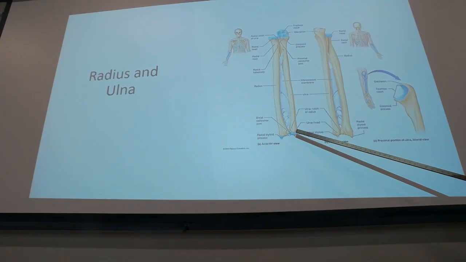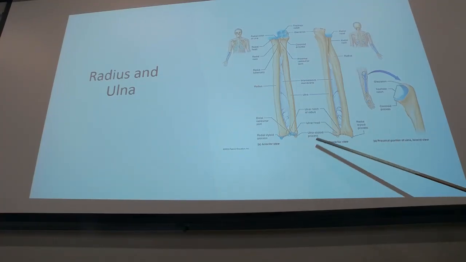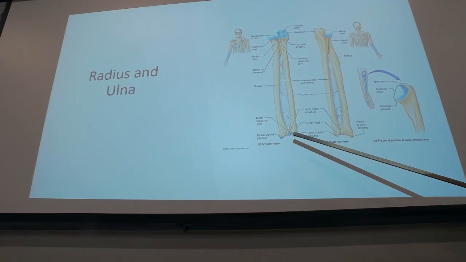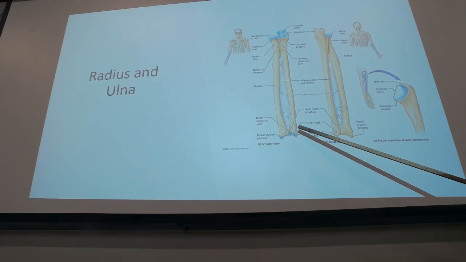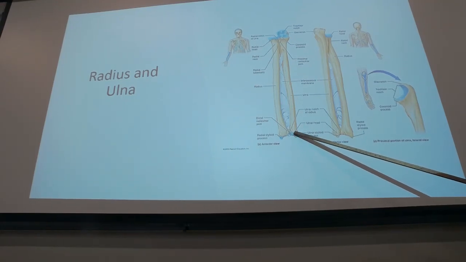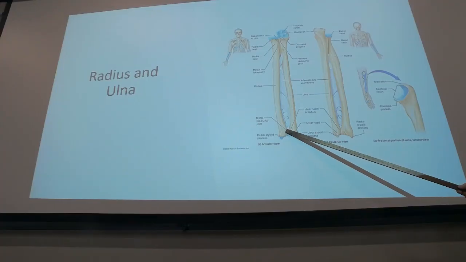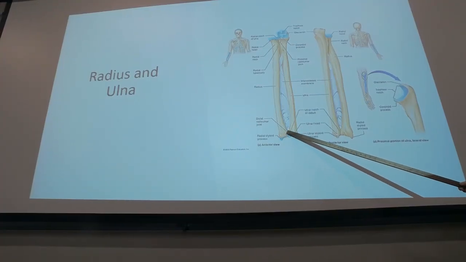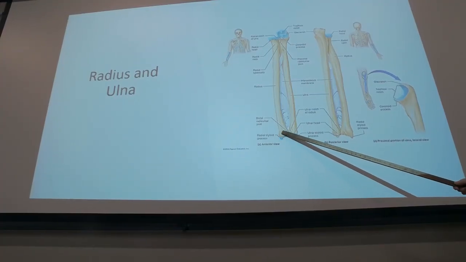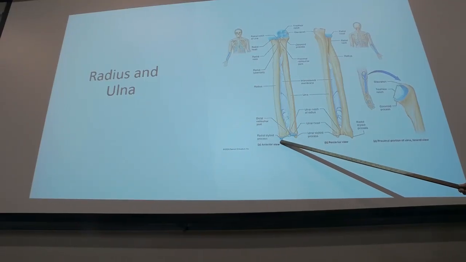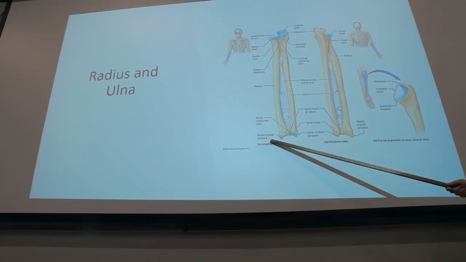And then distally, we have the distal radioulnar joint, which is made by the ulnar notch of the radius and the head of the ulna. So this is the radius. The radius has this broad projection in the distal part that ends in a tip called the radial styloid process.